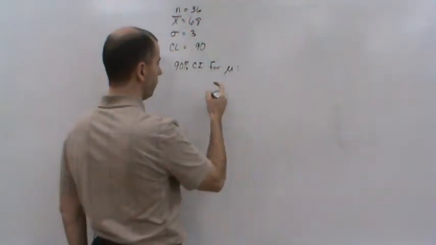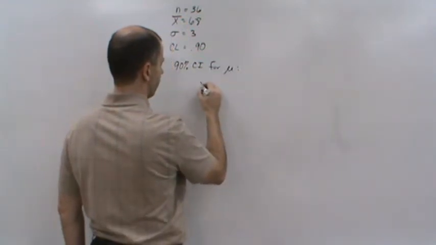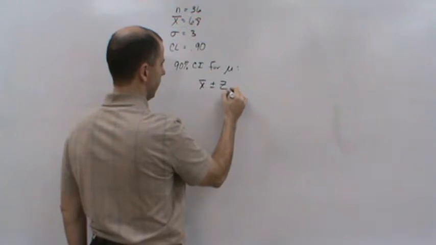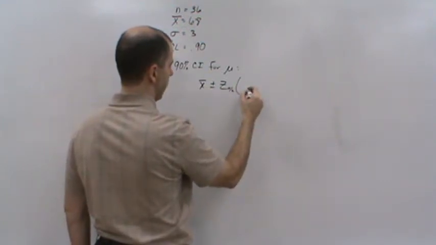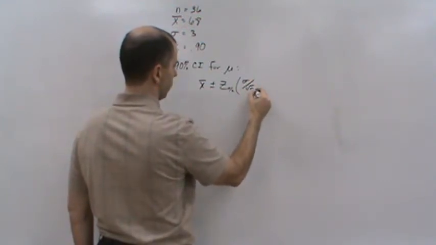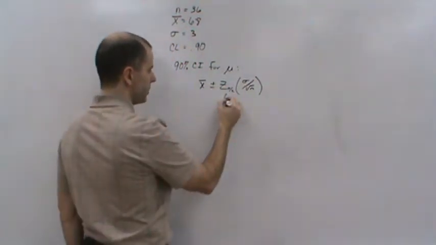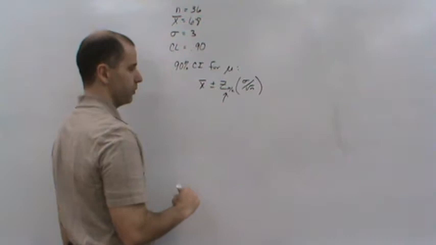Now, again, the formula is X bar plus or minus Z alpha divided by 2 times sigma over the square root of n. And we can get this value if we know the distribution of X bar.